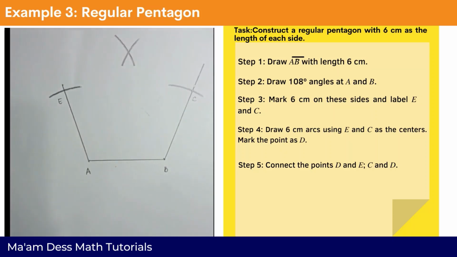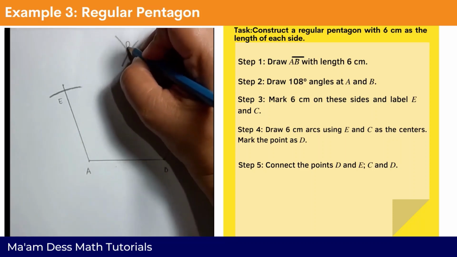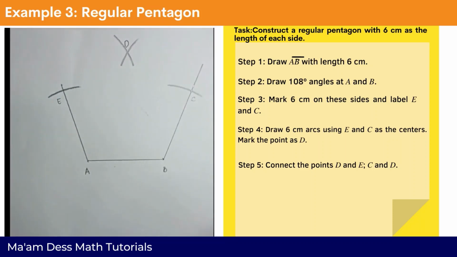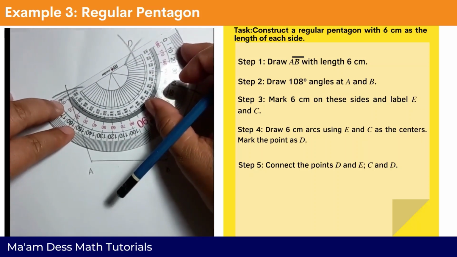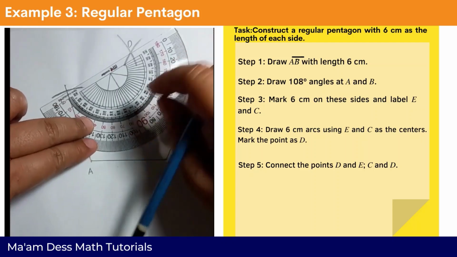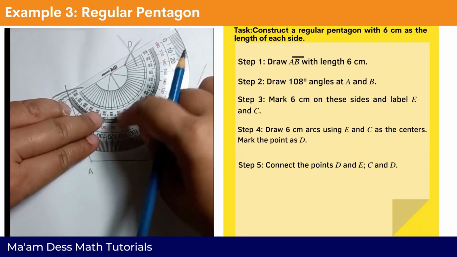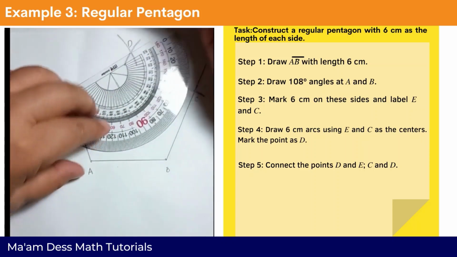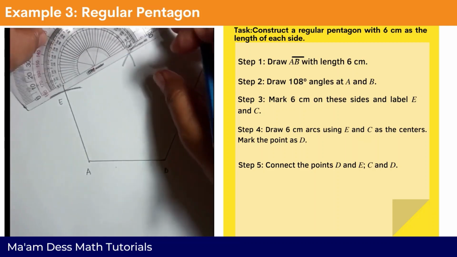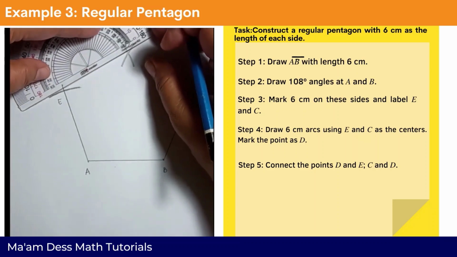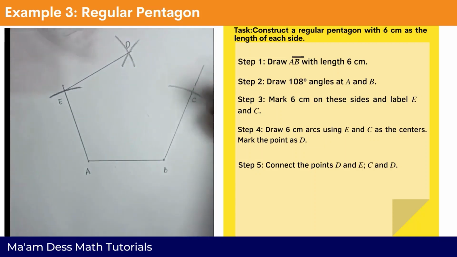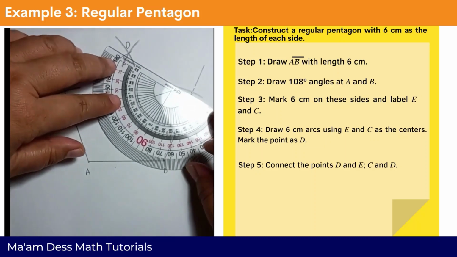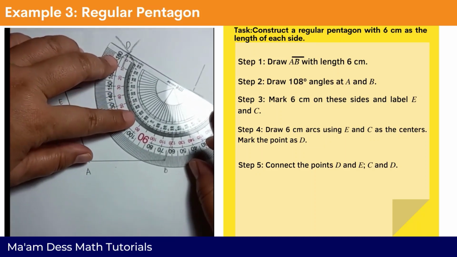And now label that point as point D. And now connect the sides of your pentagon. So line segment DE. And the other one, line segment CD.